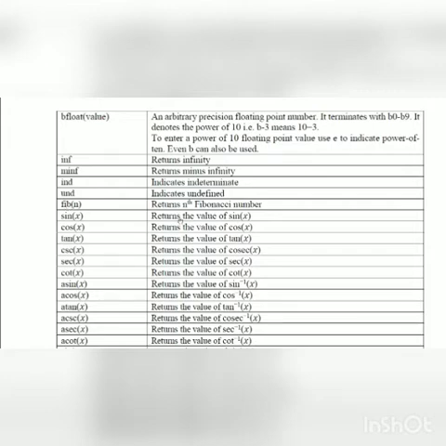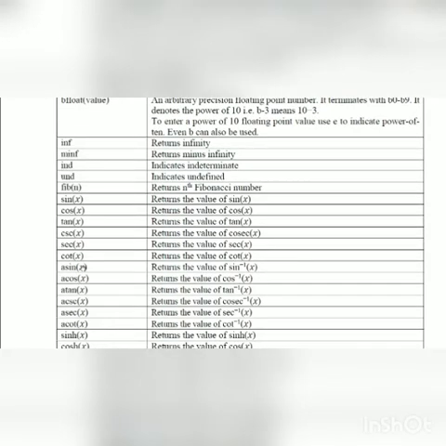And suppose you want to find the value of sine of some number, you have to use the command sin with simple brackets, sin of x. Similarly cos. These are the trigonometric functions. You have to give the argument within the simple brackets. Cosecant of x, you simply give CSC of x, secant SEC of x, cot.